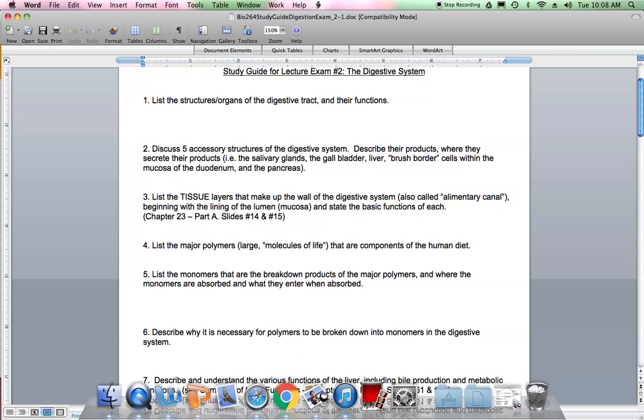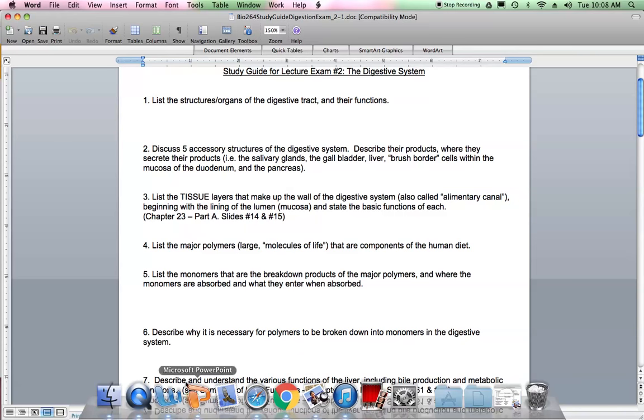Along with that, we see bile added. That bile is produced by the liver and then secreted and stored in the gallbladder. So that's also added to the duodenum to emulsify the fat so that enzymes called lipases can actually reach the molecules of the lipids and break them down.